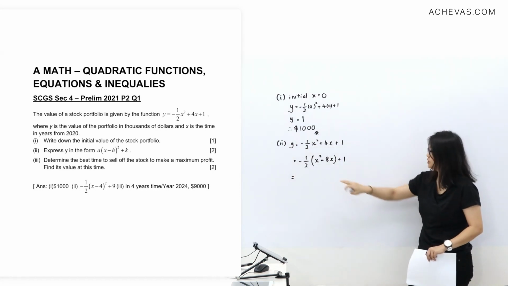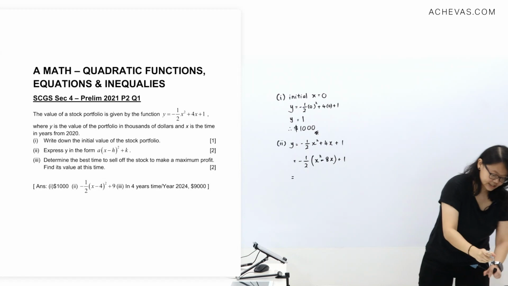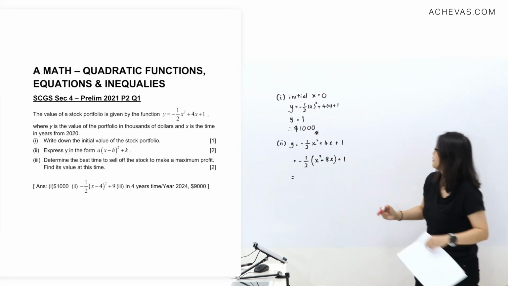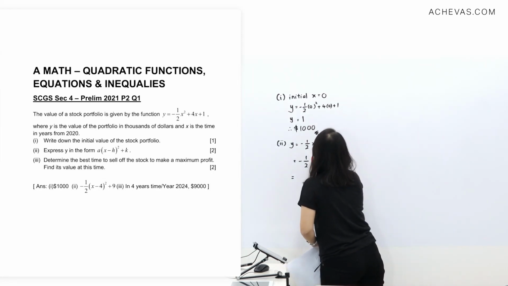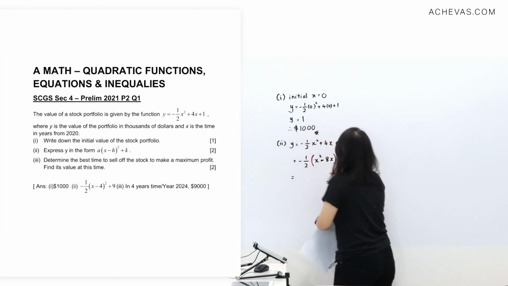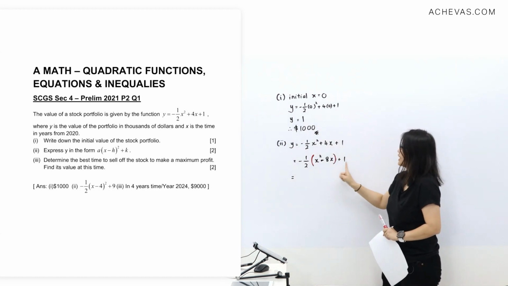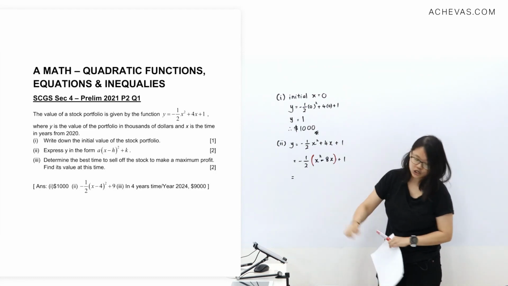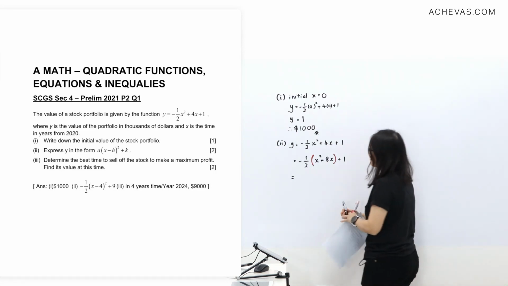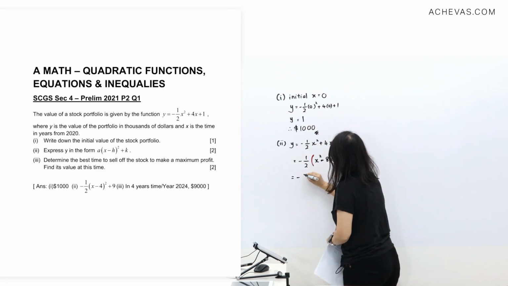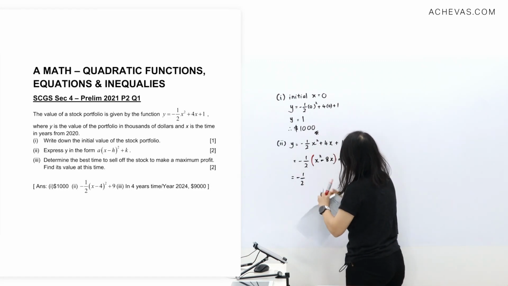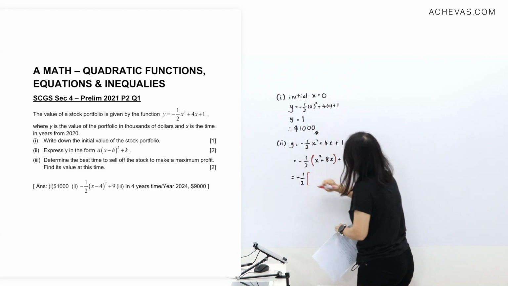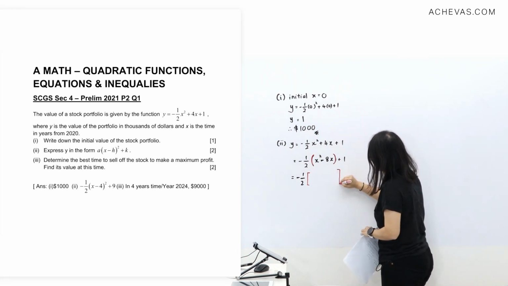So everything good? Same thing, if you realize that I'm only focusing on this bracket. Minus half and 1 is not involved in the completing the square process. So I'm going to put that 2 out of my big bracket. I'm going to use red so that it's obvious to you.